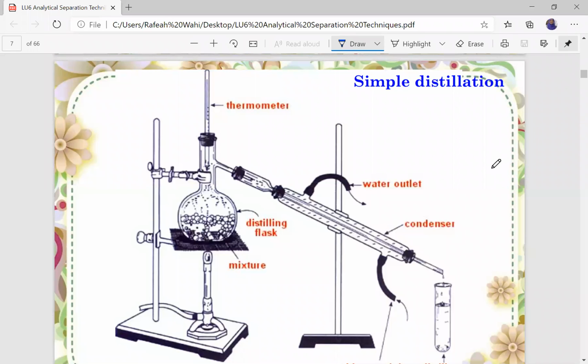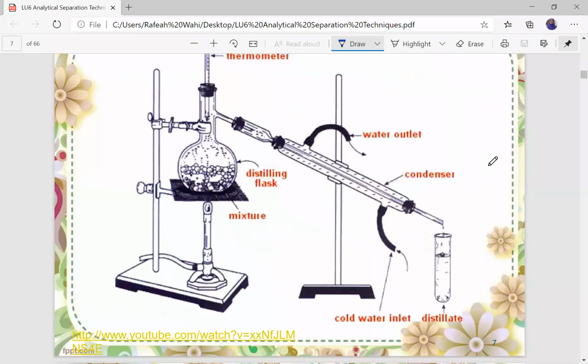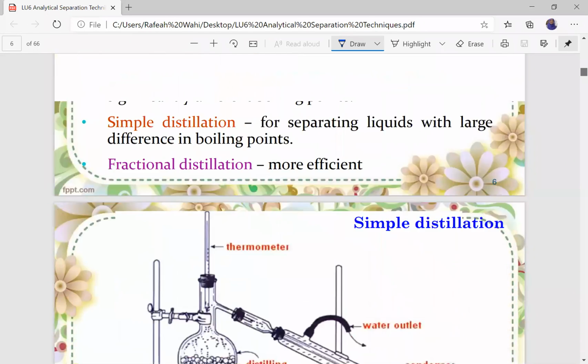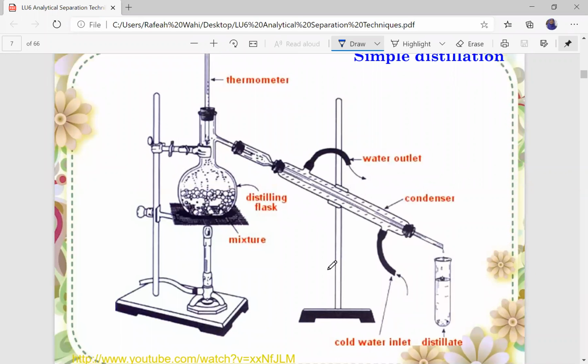This is an apparatus of a simple distillation process. If you look here, you have a heated sample and you measure the temperature of the sample heated.